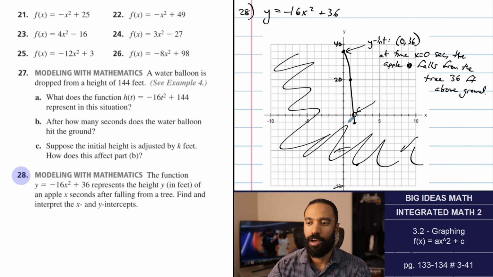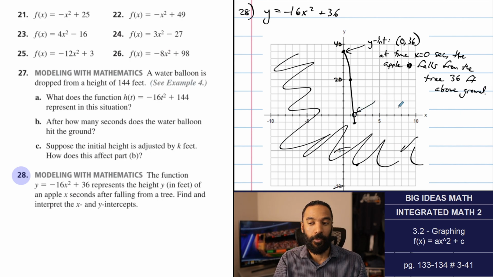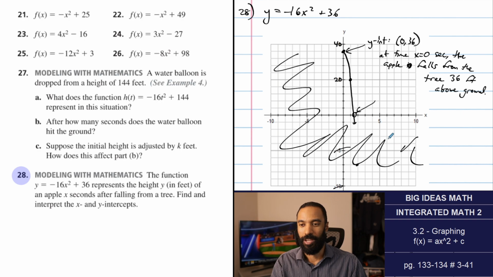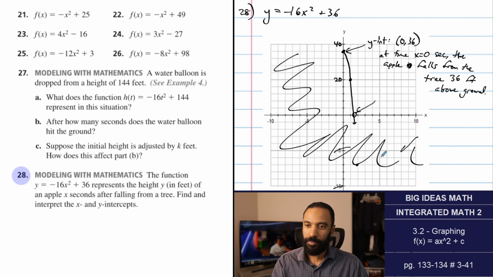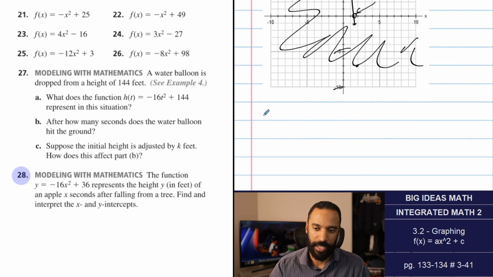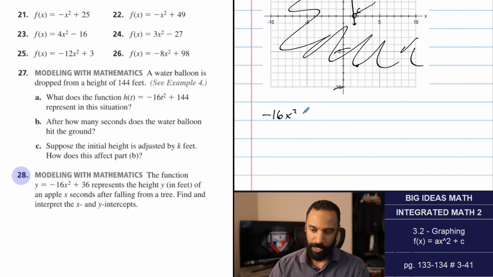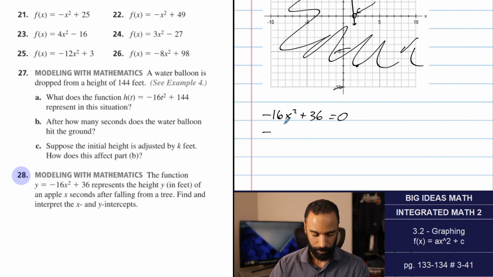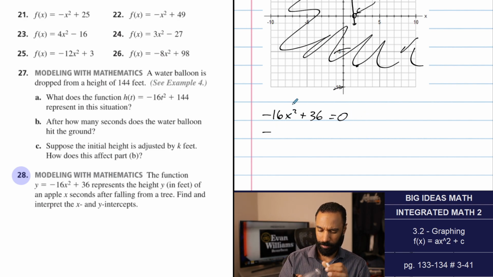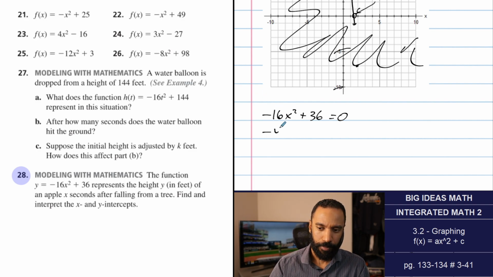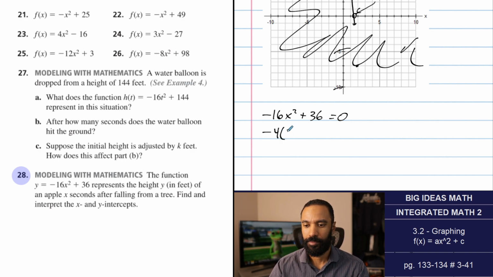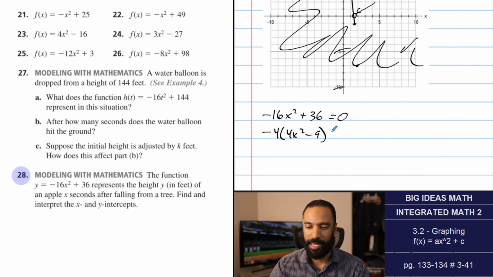Now, we haven't solved what the x-intercept is yet. I imagine it's probably 1.5, kind of like the other ones. We'll see. Negative 16x squared plus 36. Let's set that equal to 0. Let's factor out a negative 4, and I get 4x squared minus 9 equals 0.